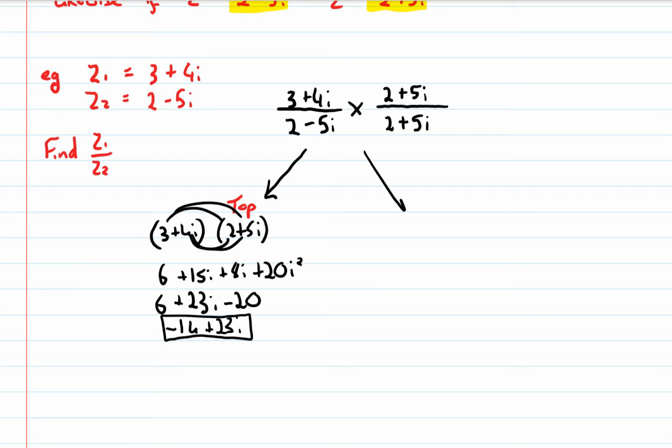And then the bottom. Remember, we're multiplying a complex number by its complex conjugate, so therefore our answer should be a real number.